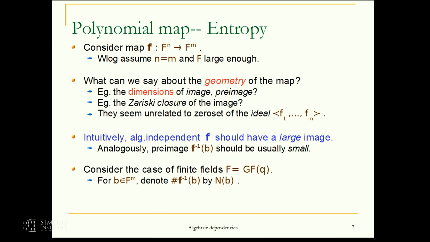So this entropy is, I have rephrased this question of transcendence degree to the entropy of this map. So for the polynomial map, there is an interpretation with entropy, and it is also algebraic geometric.